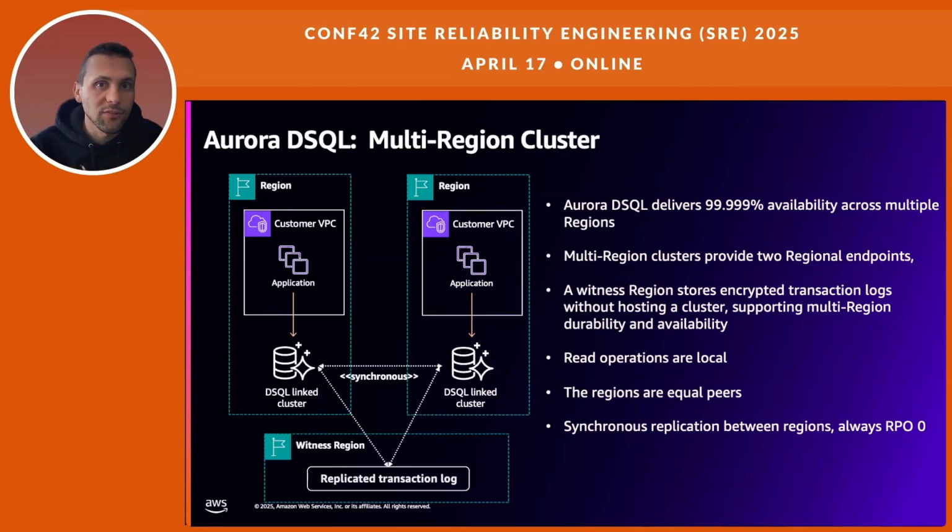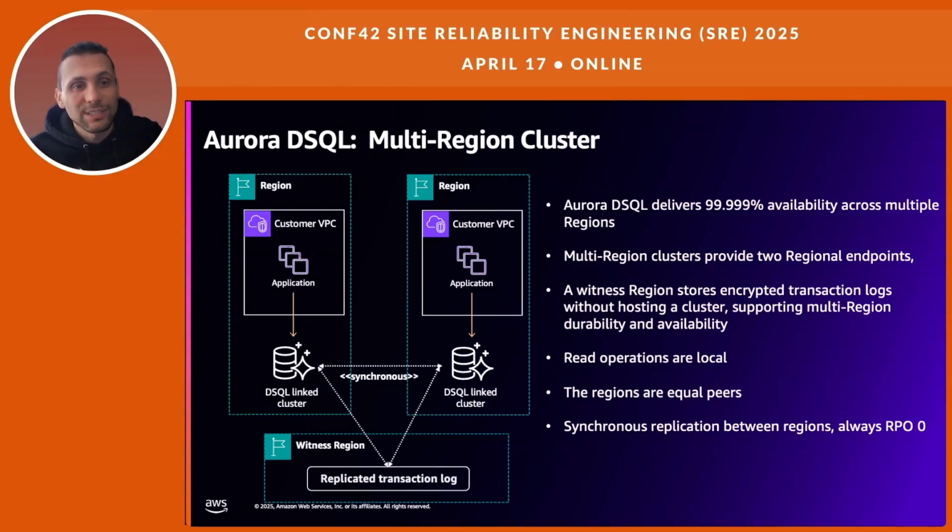In case of a failure, which we're going to explain at the end of the presentation, in the case of failure of one specific region, you are always going to have a quorum because of this third region, which is the witness region. On the witness region, you do not have an endpoint. It's just a witness region that is there to replicate the transaction log for the quorum. So you always have 3 up and running.